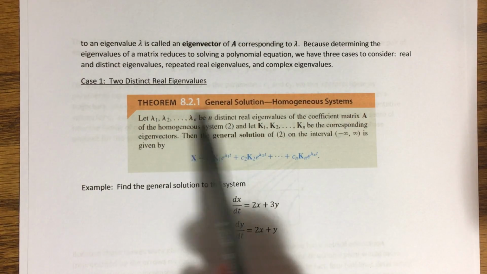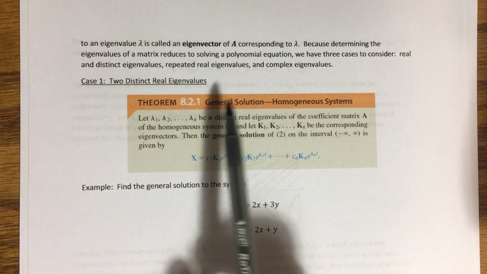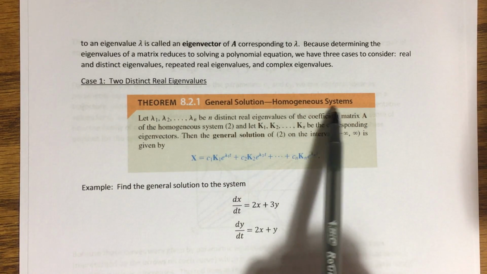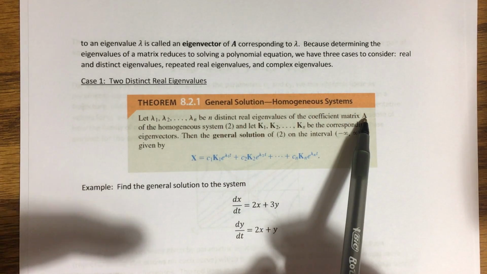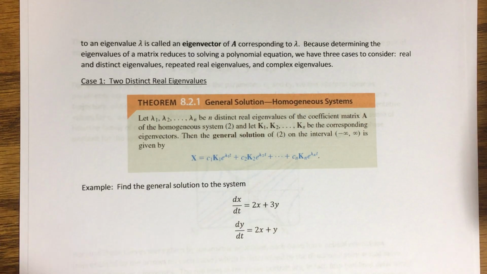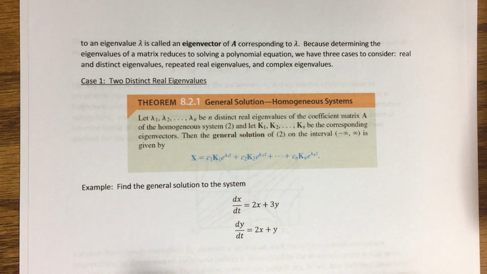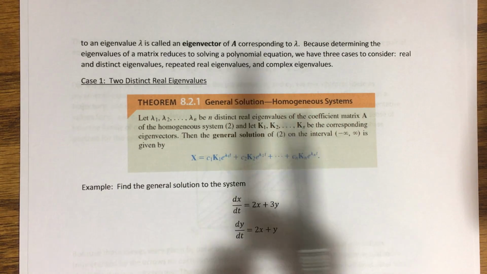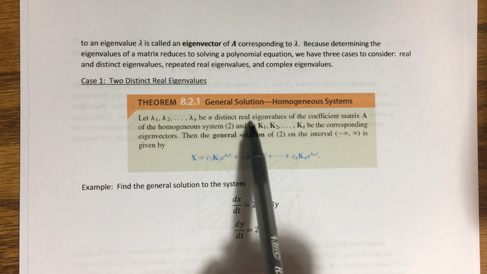Now, the guiding theorem that we're going to use in the case where we have real and distinct eigenvalues for a homogeneous system is this one. Suppose that we have a matrix A that's showing up in a system of linear differential equations. We solve the characteristic equation for that matrix and get a total of n distinct real eigenvalues.